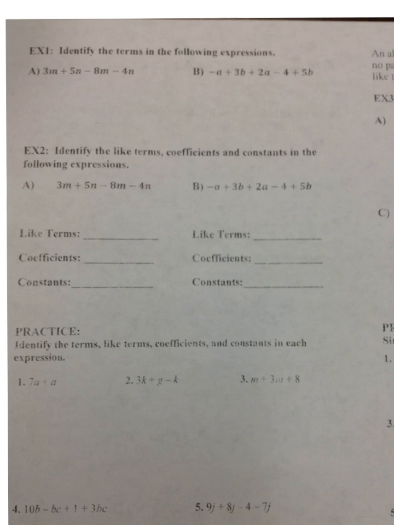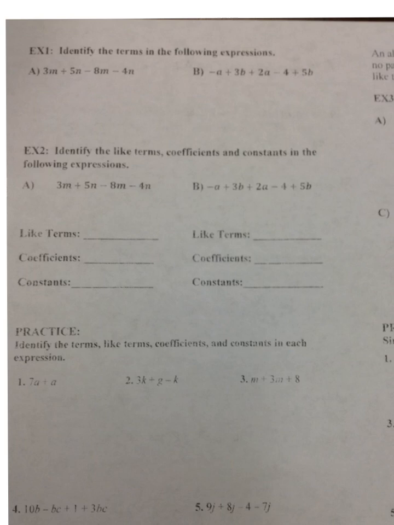Example 1. Identify the terms in the following expressions. What I always like to do is circle each term, so that its sign is with it. This is 3m plus 5n minus 8m minus 4n.